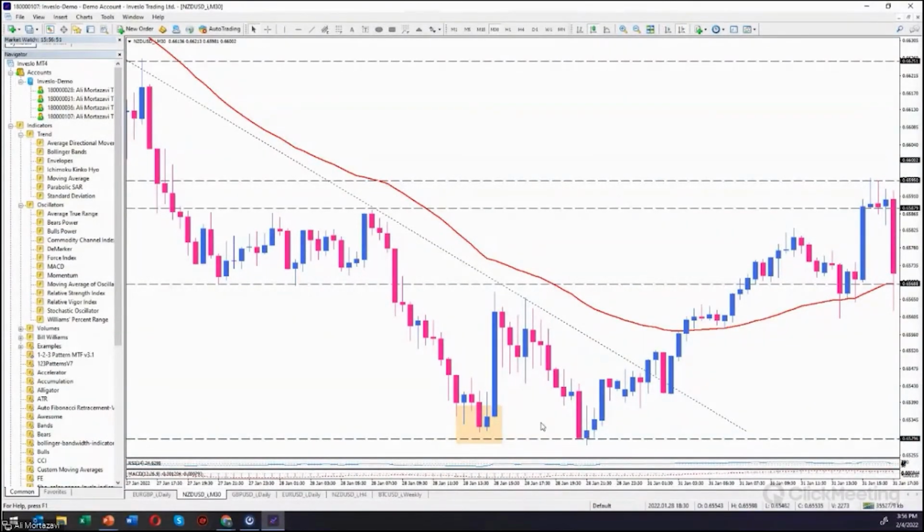Okay, great. If you remember, we said the hammer is the candle with a very short body and a lower shadow 2-3 times the short body. But here you see we have something reversed. It means we have an upper shadow 2-3 times longer than the body, and we call it the reverse hammer.